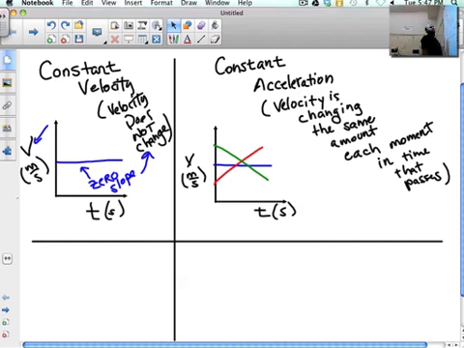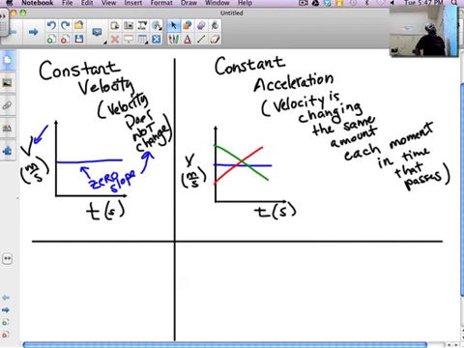Now, if I want to get all technical, with the blue line the velocity is not really changing. The velocity is staying at the same value. But I could also argue that's an acceleration of 0. So it does fit the definition of constant acceleration because the entire time the acceleration is staying at 0. So all of these really are constant acceleration.